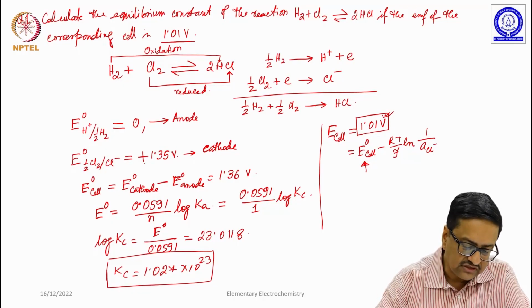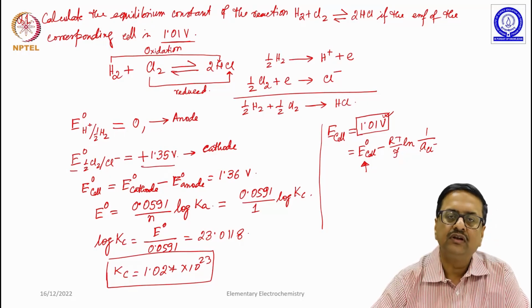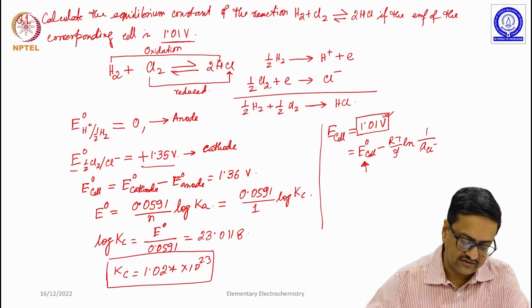One has to use the E0 of the chlorine chloride electrode to calculate the equilibrium constant of this reaction.